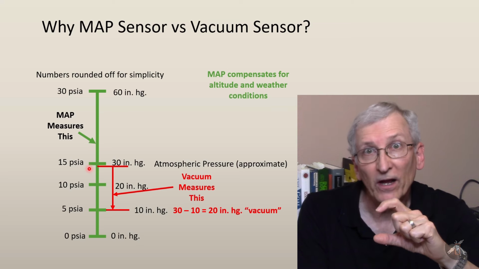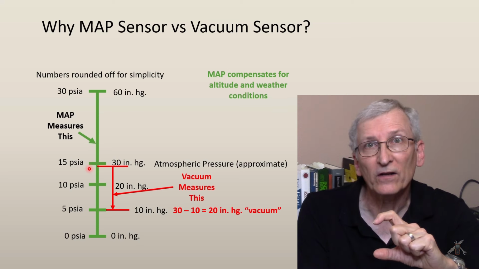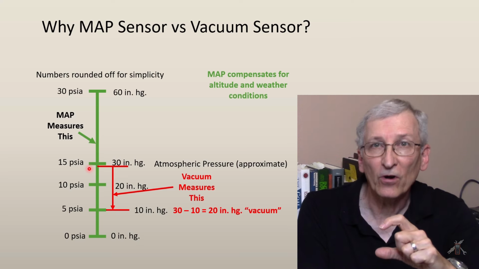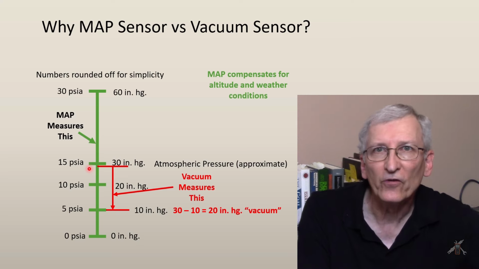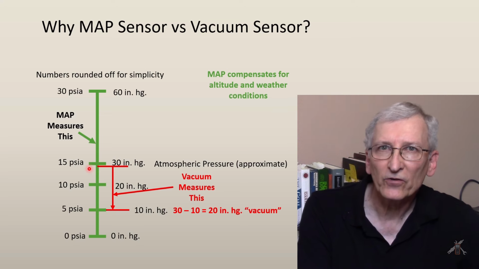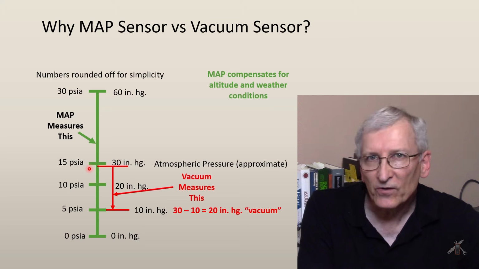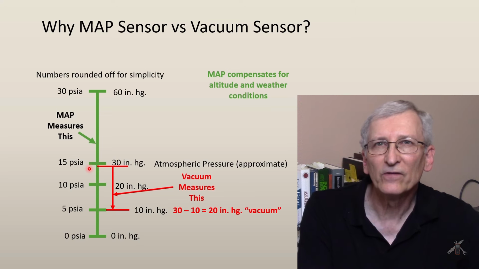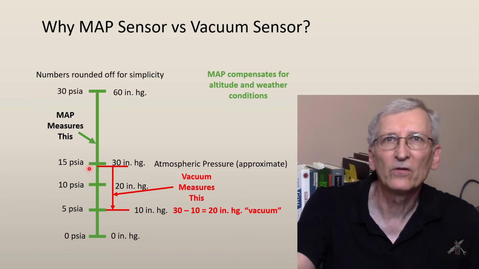It'll measure whatever the absolute pressure is and give you the correct answer for the barometric pressure that you're working with, and using that you can get a more precise fuel mixture and altitude compensation and so forth for making your modern engine run on emissions and power and so forth.